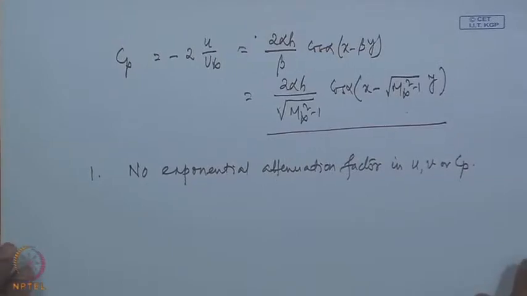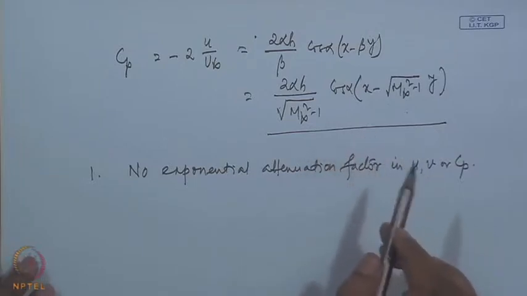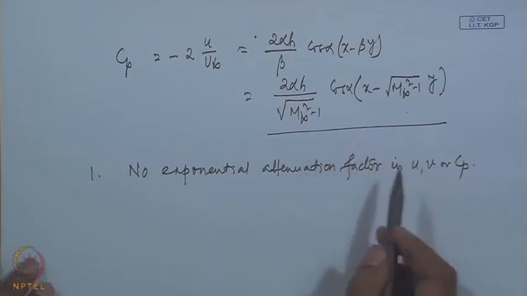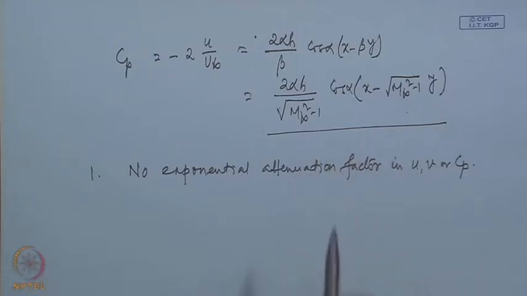In this case, of course, the highest perturbation is still on the wall, but it is not decreasing with increasing distance, meaning that in a supersonic flow the perturbations will not vanish even at very far distance from the body.